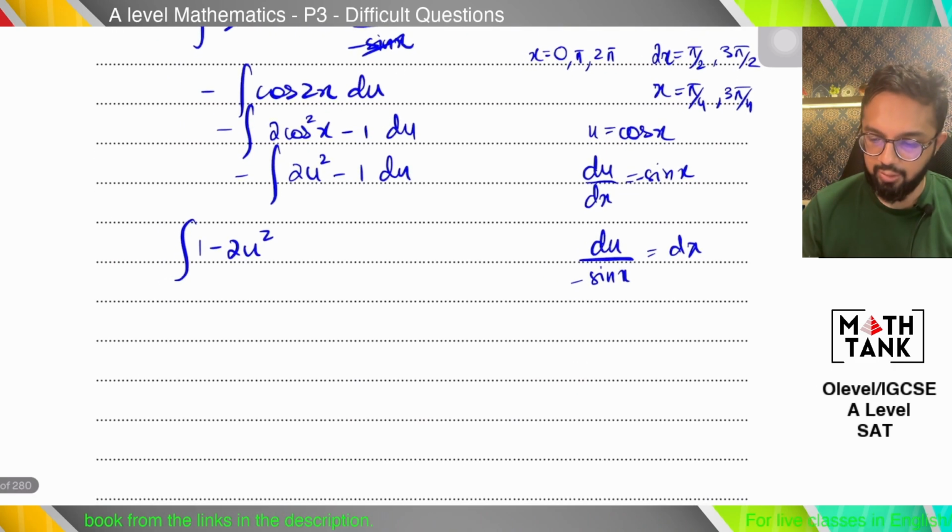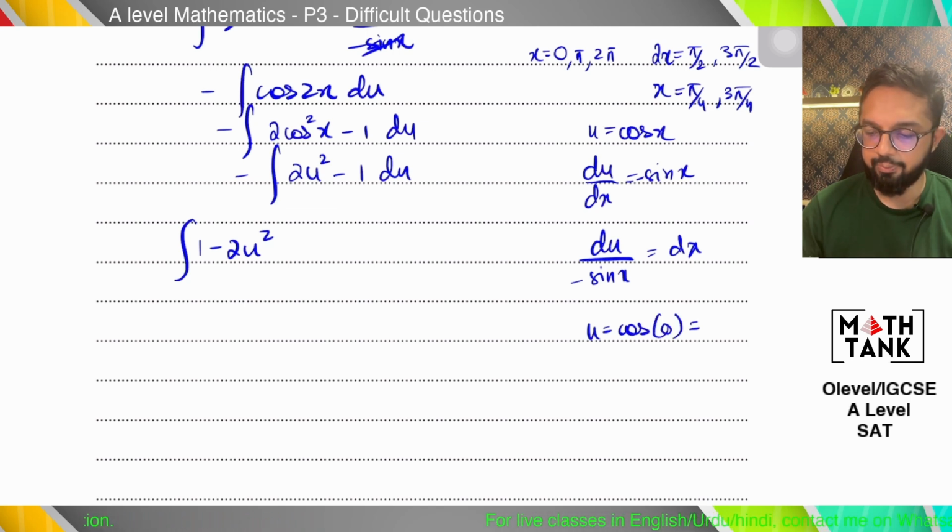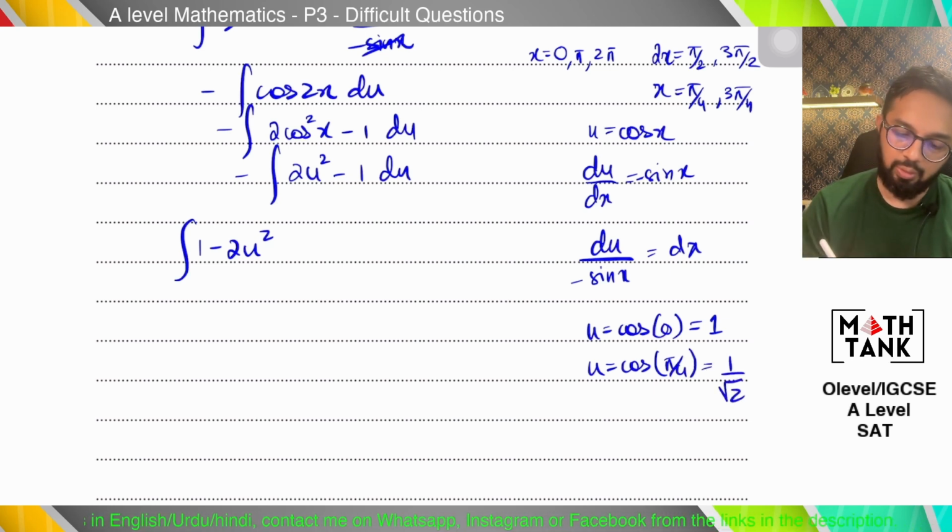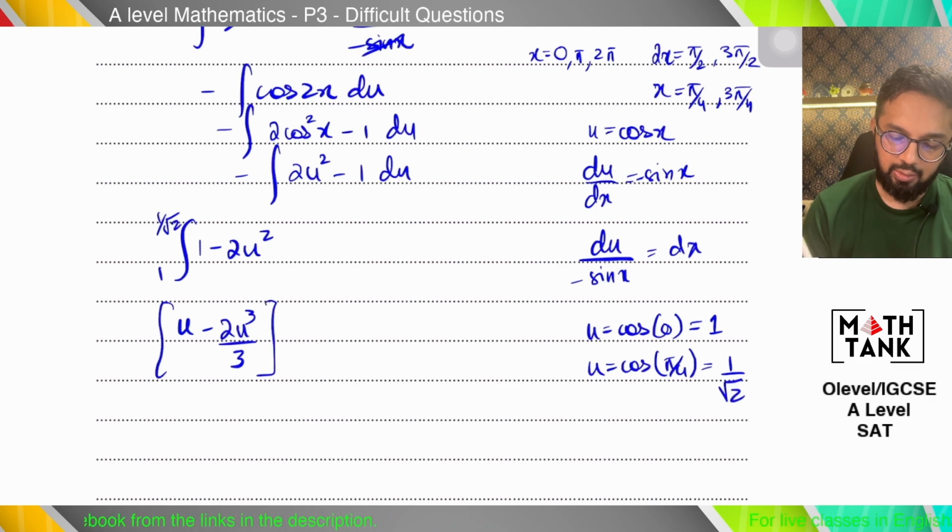I will also have to change the limits. Cos of 0 is 1 and cos of pi over 4 is 1 over root 2. Okay, so 1 to 1 over root 2. So u minus 2u cube over 3, between 1 and 1 over root 2.